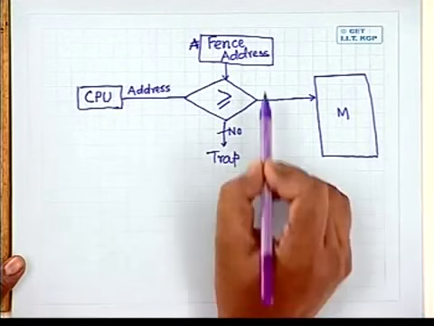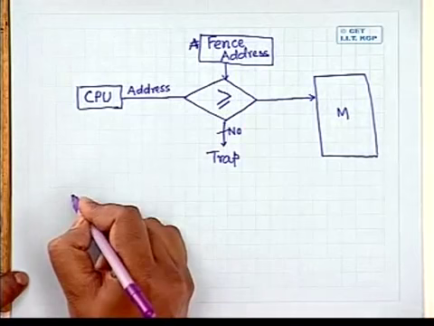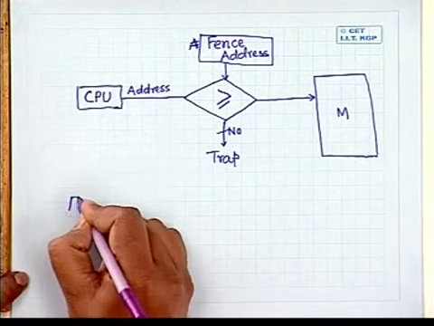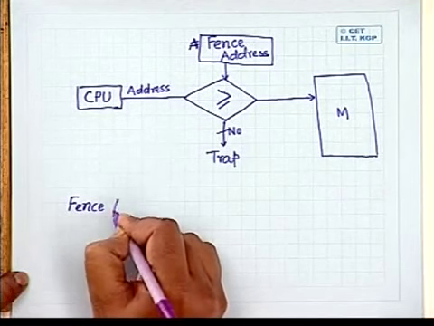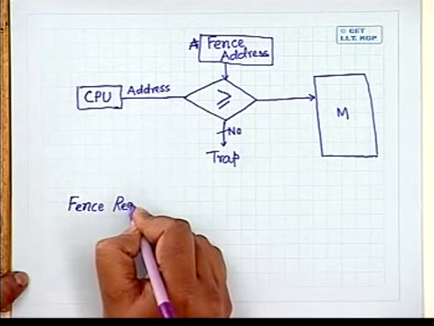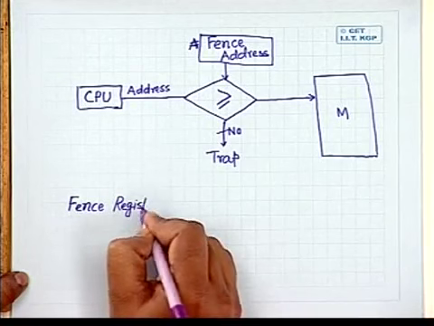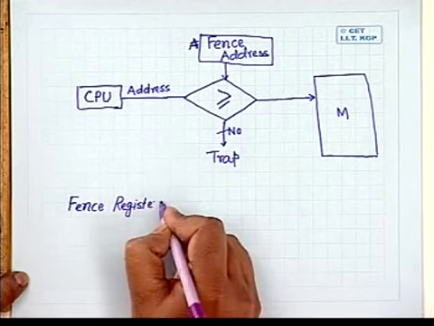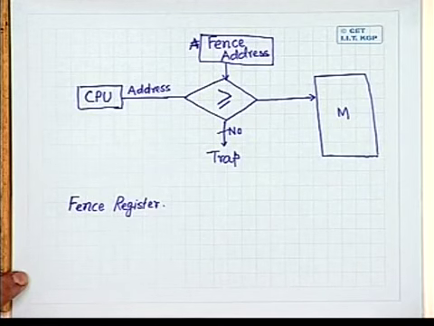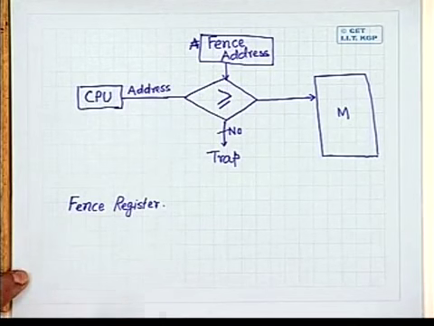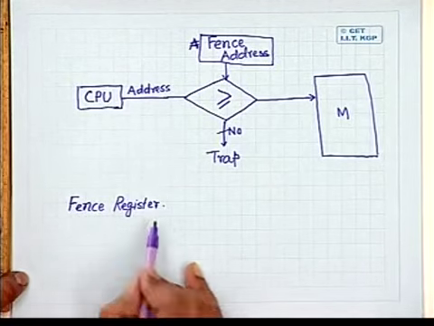So this fence address will be stored in a register which we'll call a fence register. Whenever you upgrade the operating system, depending upon the memory requirement of the upgraded operating system, you have to reload this fence register.